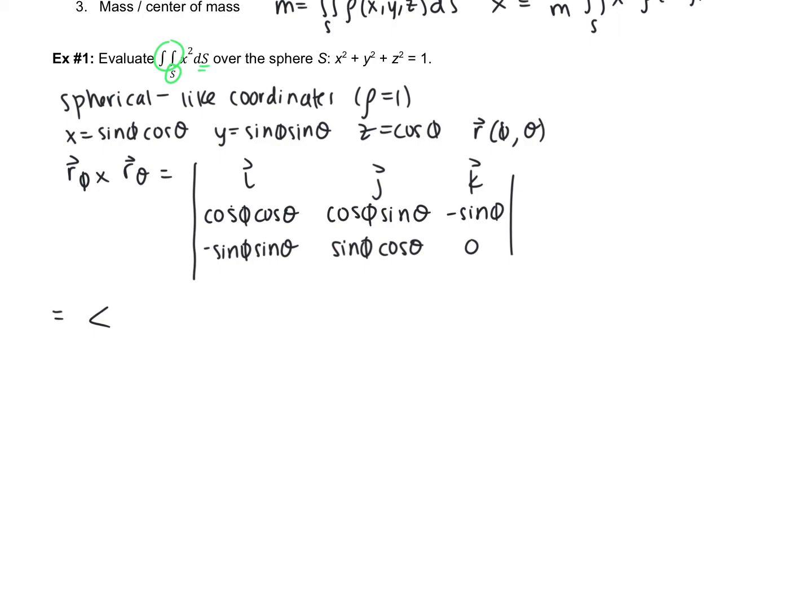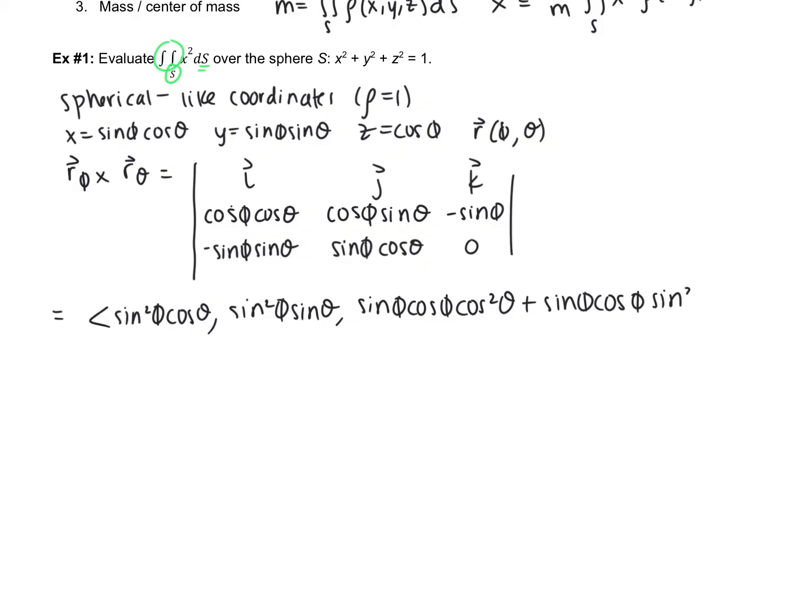Okay, so when we do that, for the first component, we're going to get sine squared phi cosine theta. For the second component, we're going to get sine squared phi sine of theta. And the last component, we're going to get sine phi cosine squared theta, plus sine phi cosine phi sine squared theta.